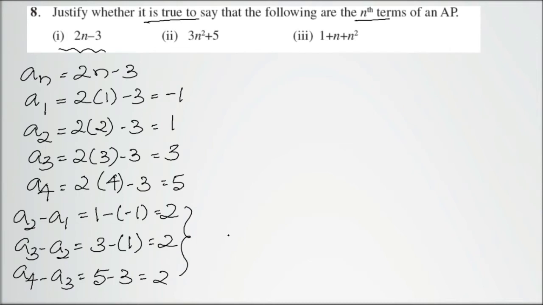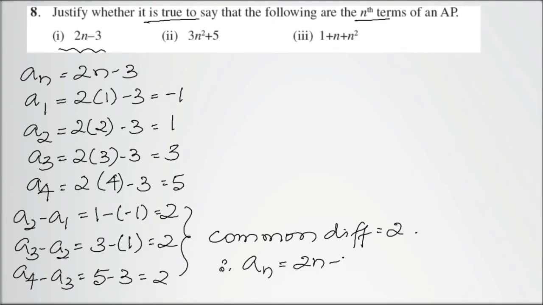Here there is a common difference. Common difference exists, and the common difference is 2. Therefore, an equal to 2n minus 3 forms the nth term of an arithmetic progression. In this way, we have to look at the next two.